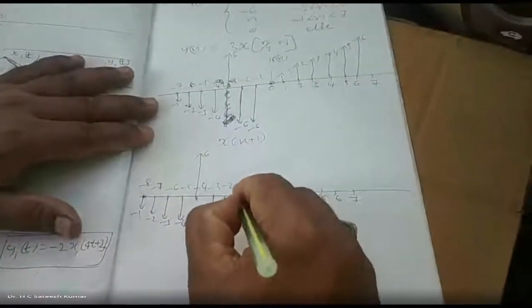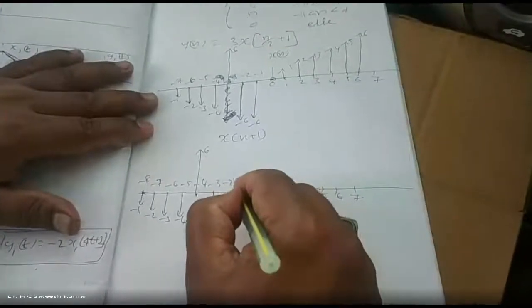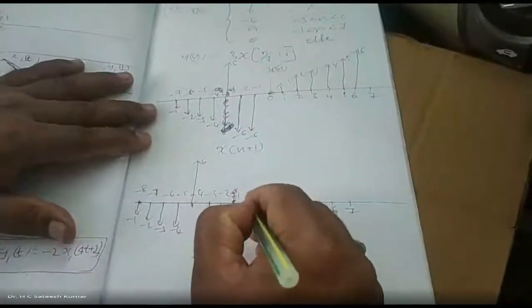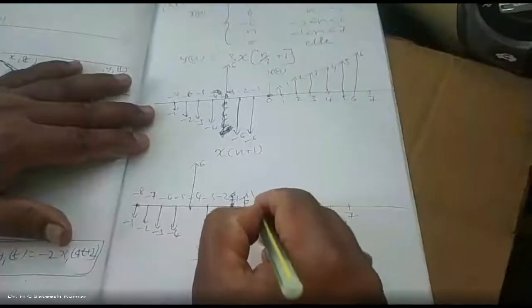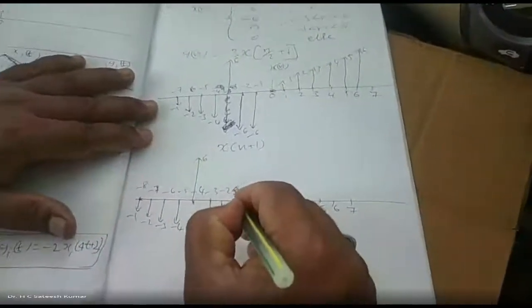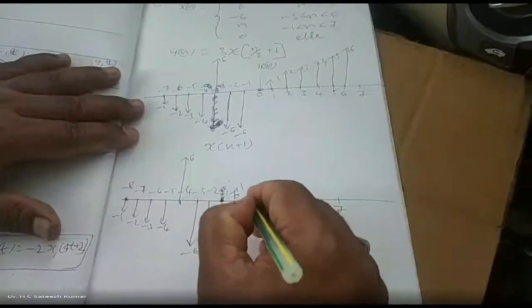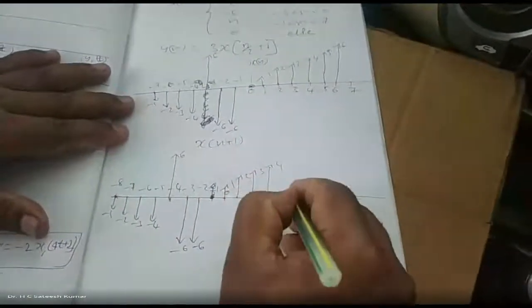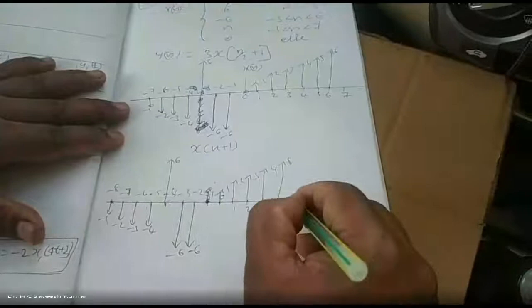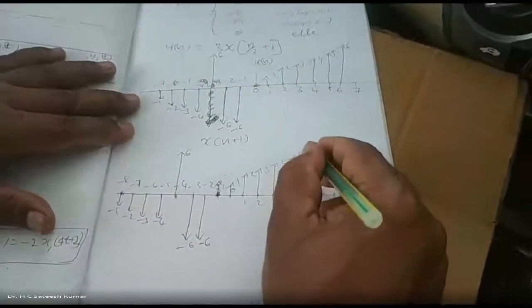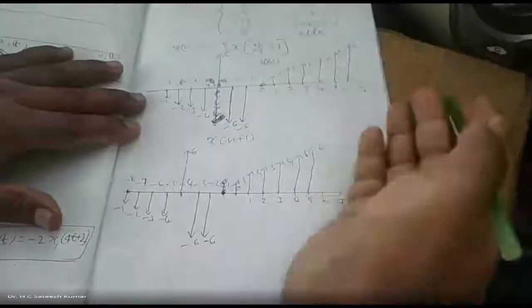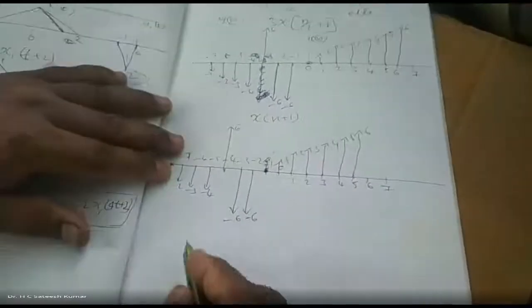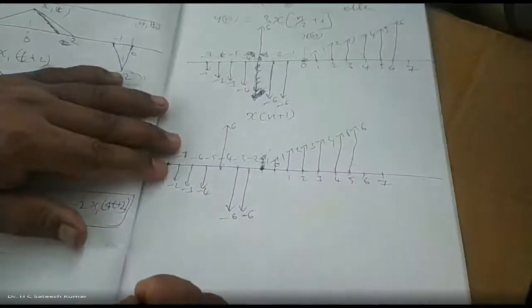At 0 we will have 1. Sorry, 0. This is 0. And at 0 we have 1. This value at minus 1, value is 0. Okay, great. So 1, 2, 3, 4, 5, 6. At 6 you will get 5 because shifted left by 1 unit. No? So next one is scaling.